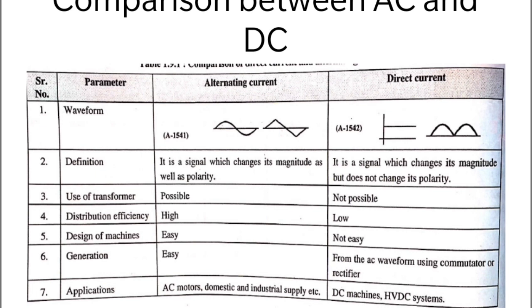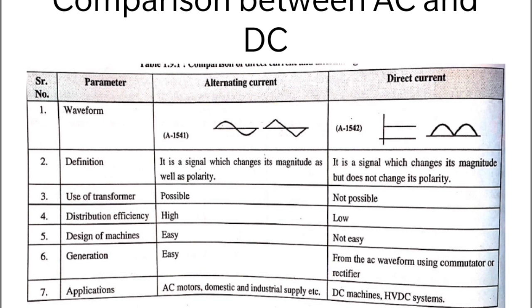Also, the design of machines in the case of AC is easy, but in direct current it is not easy. Generating AC current is very easy, but generating DC current is quite difficult. We have to use other electronic devices.